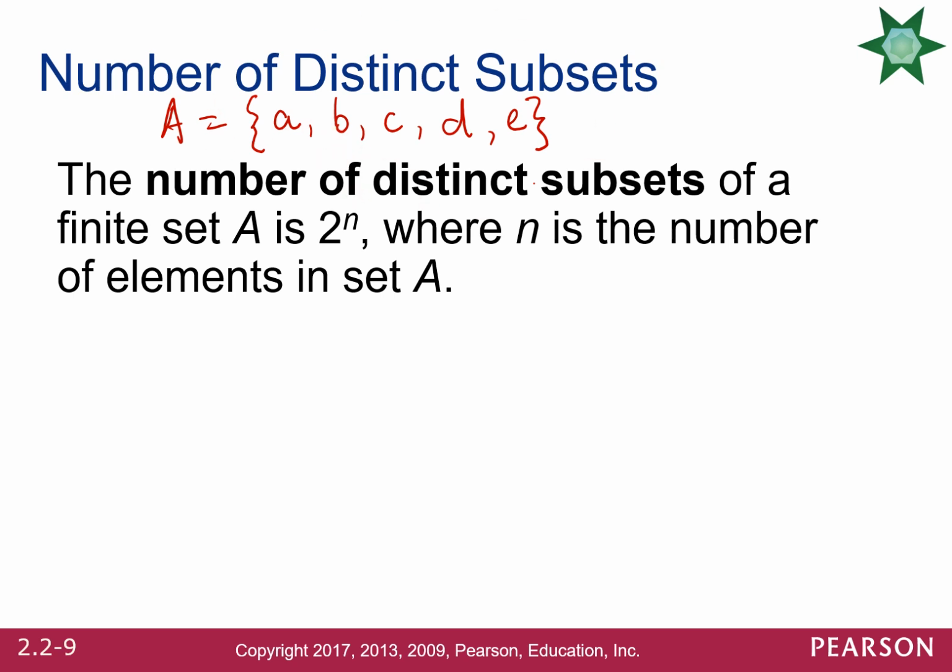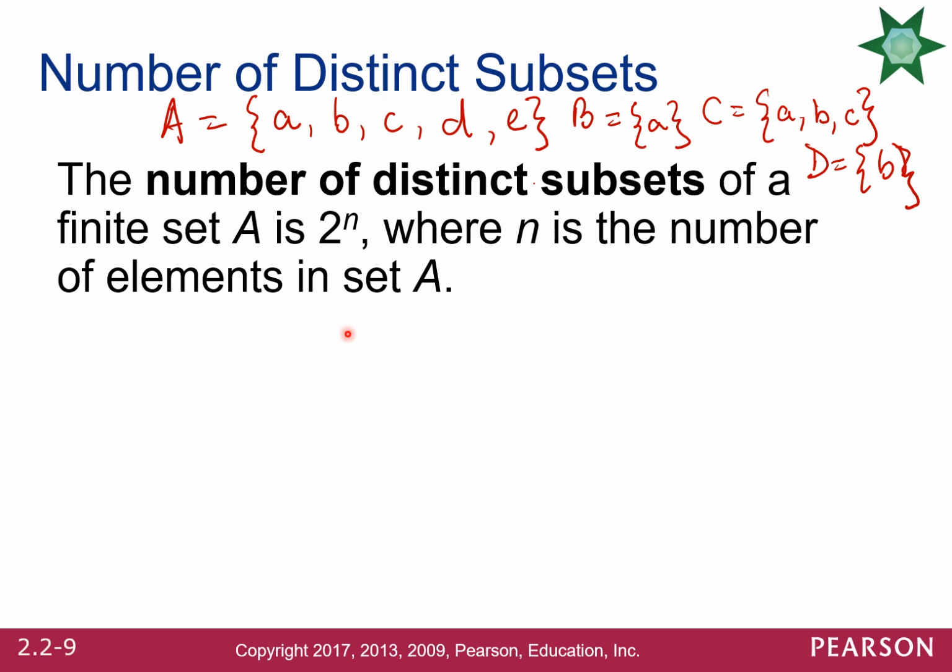So there could be one set which is maybe just A, another one which is A, comma B, comma C, another one which is just the letter B. All right, so we can create all combinations of these elements and call them subsets. All right, and doing this, how many different subsets can we get?